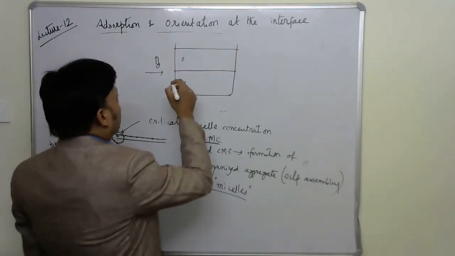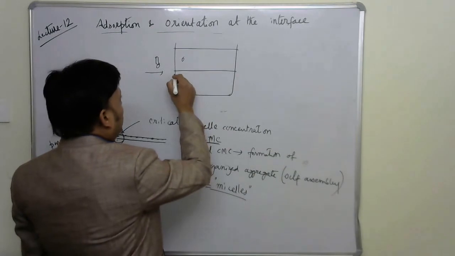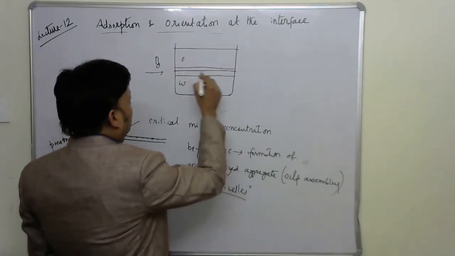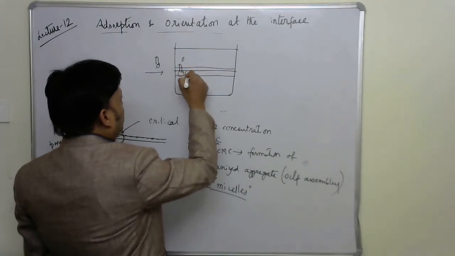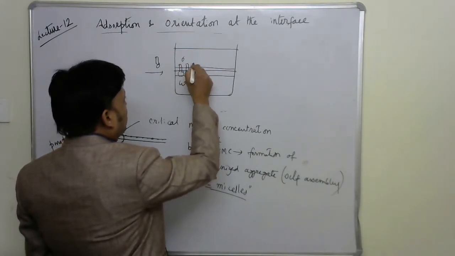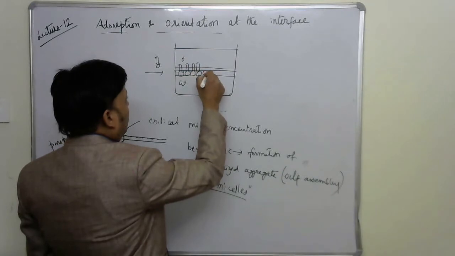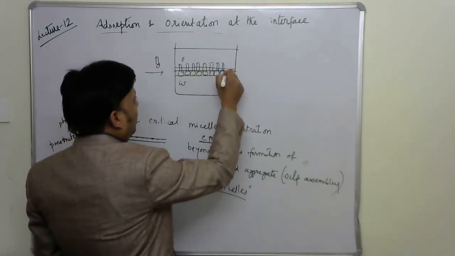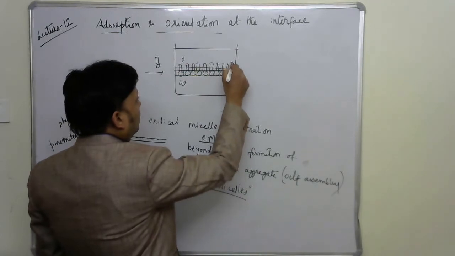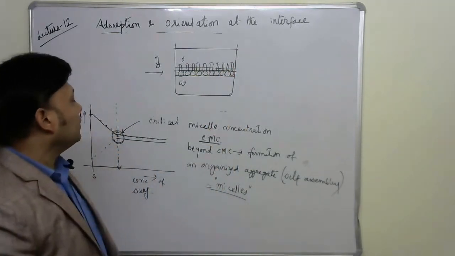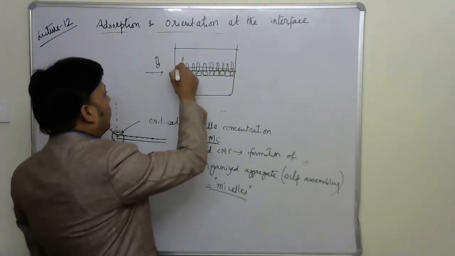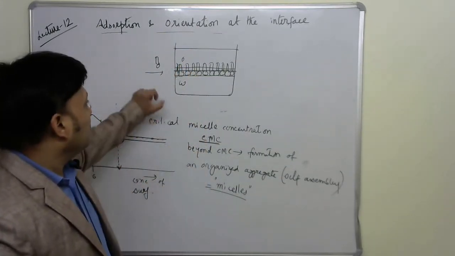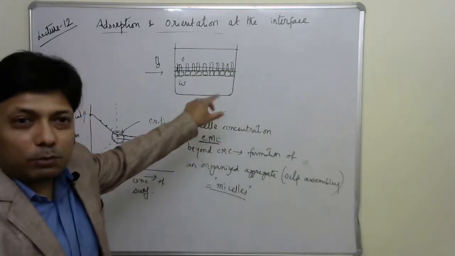So definitely we would expect that at the critical micelle concentration, we would reach a concentration where all the added molecules form a monolayer, and there is no more space available at the interface.